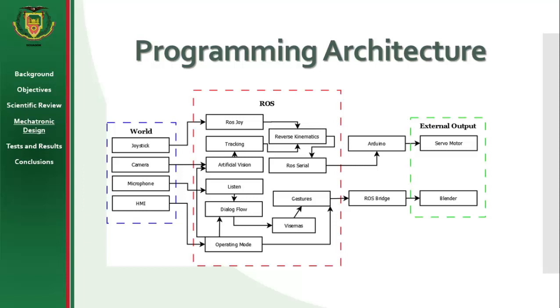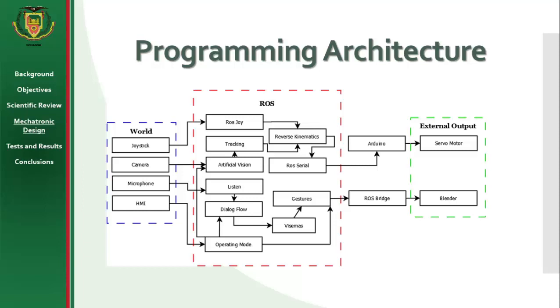Artificial vision is a node that allows the detection of people's faces and takes the nose of a person as a reference to set coordinates for the tracking node. Tracking allows the transformation of the coordinates to angles that can be interpreted by the inverse kinematics of the robot.